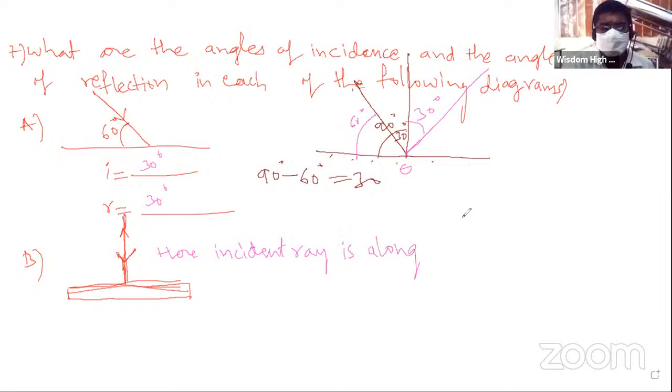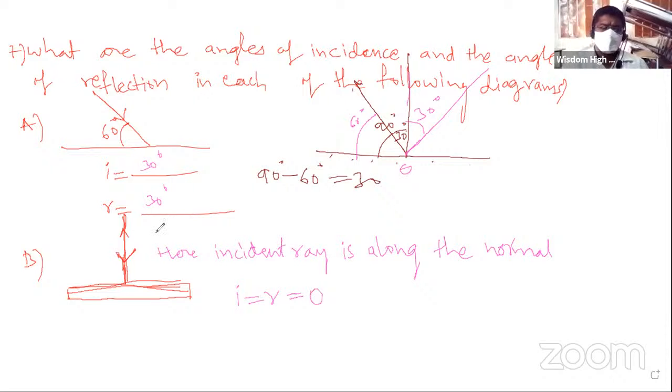This is the normal, and here also it is the normal. The incident ray is along the normal. That means angle of incidence equals angle of reflection, that means 0 degrees.